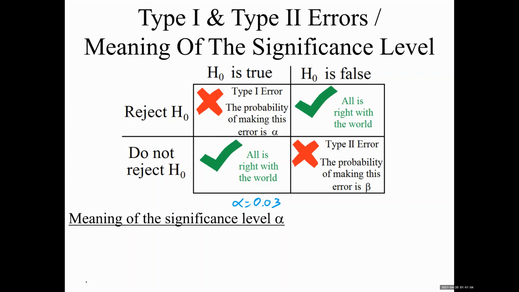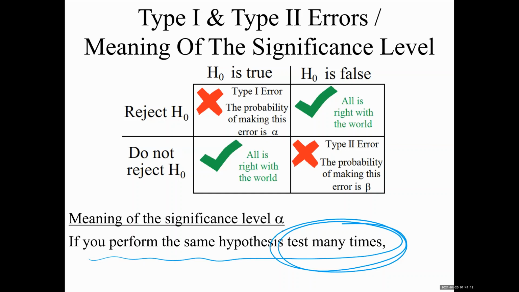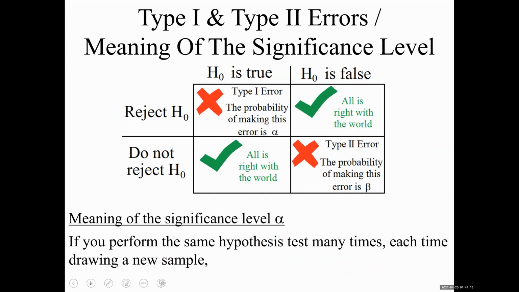You're going to say this. If you perform the same hypothesis test many times, so you got to say run the same test many times, but each time with the new sample. And again, let me put the alpha equals 0.03 here. If you perform the same hypothesis test many times, each time with the new sample, you have to write down, you'll make a type 1 error, but I don't want you to write type 1 error. I want you to write what a type 1 error is.